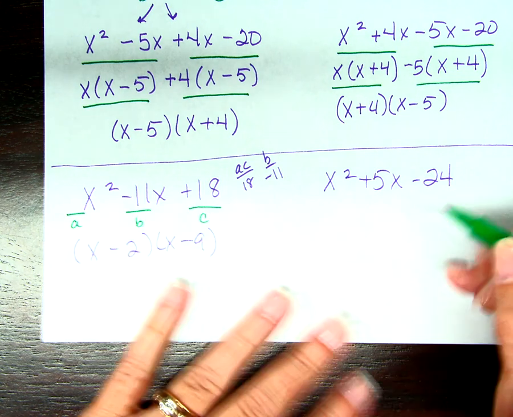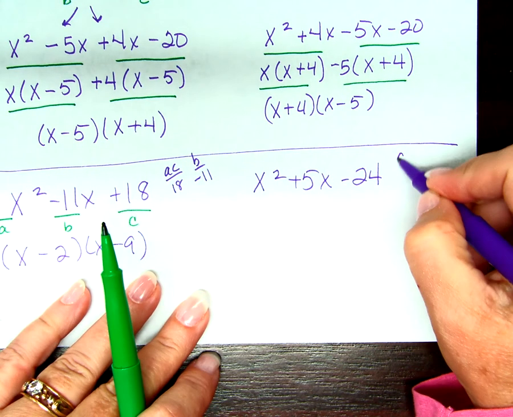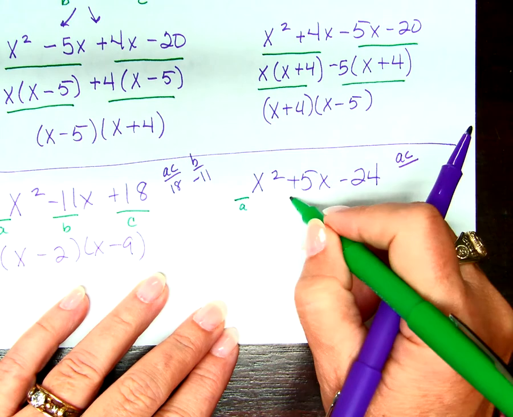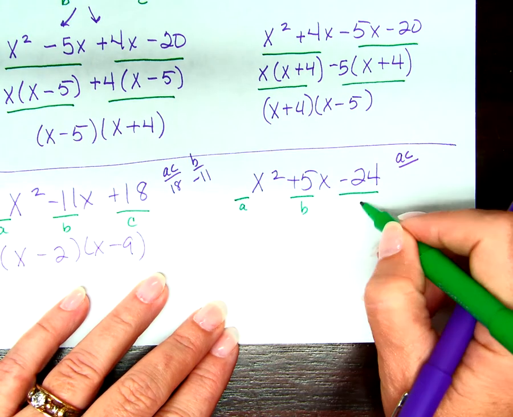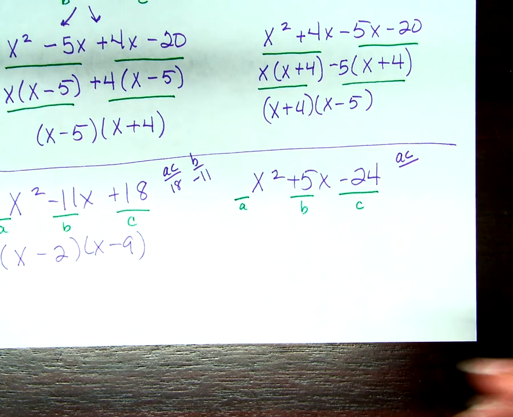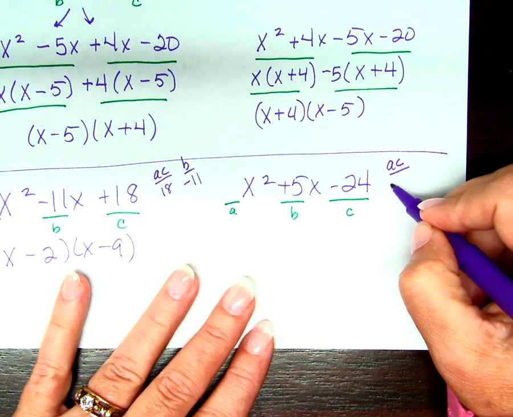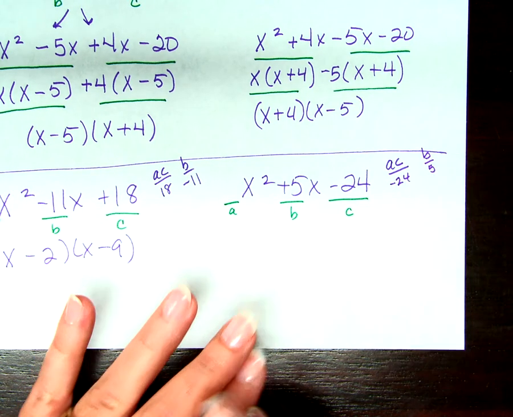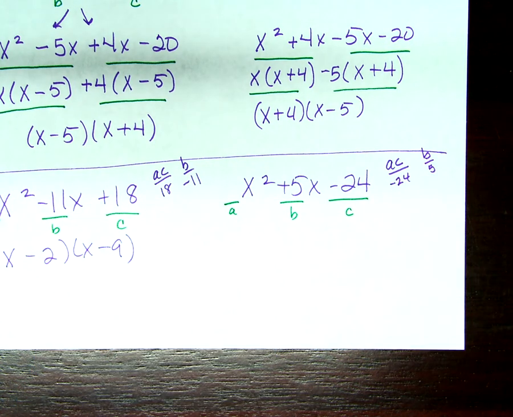Okay. Last one. What's AC? Well, here's A. Here's B. Here's C. What's AC? Negative 24. And what's B? 5. What two numbers multiply to be negative 24 and add to be 5?